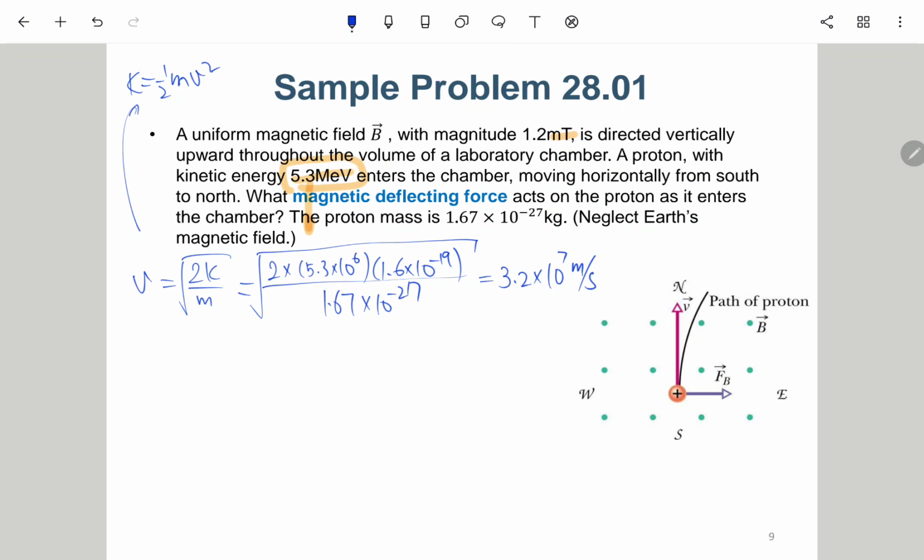Okay, so now we know the velocity. We also know the B field. Then we can calculate F_B equals qvB sine phi. Here we know that the B field is pointing out of the page.